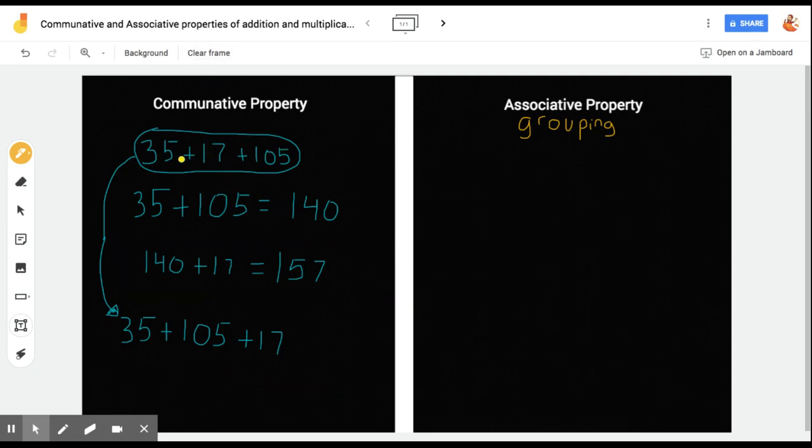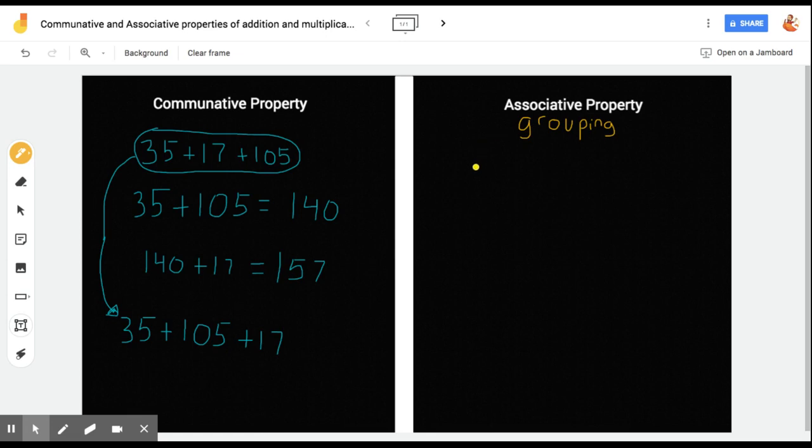If I'm doing multiplication, it's not going to matter the order that I do it. So if I was multiplying, I could also change the order of the way that I multiply. So commutative property works with addition and multiplication.